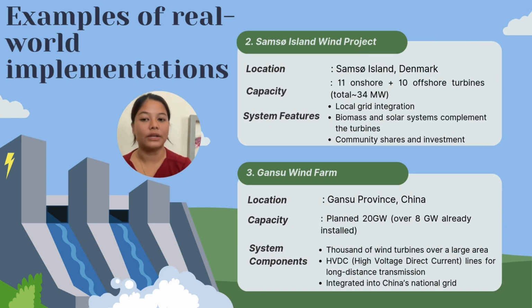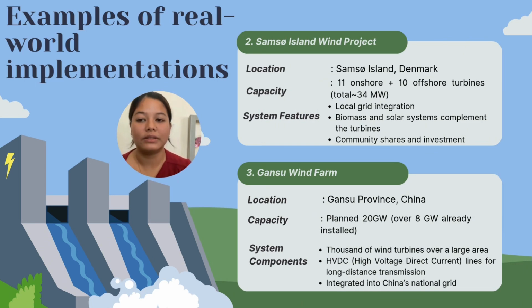And the last one is the Gansu Wind Farm, also known as the G1 Wind Power Base, one of the biggest onshore wind farms in the world. It's located in Gansu Province, China, where there is a lot of open land and strong wind. The project includes thousands of wind turbines and it's planned to reach 20 gigawatts of capacity.